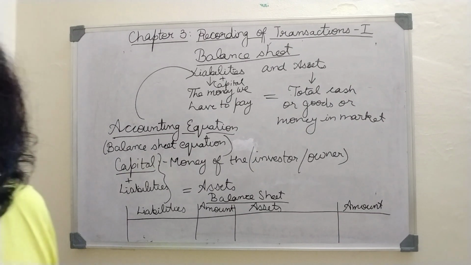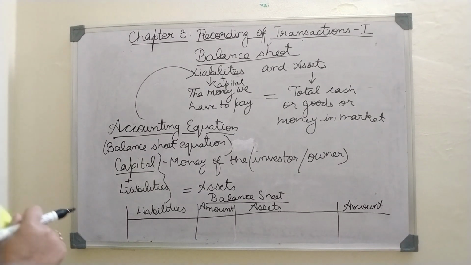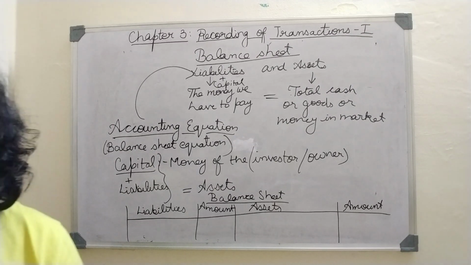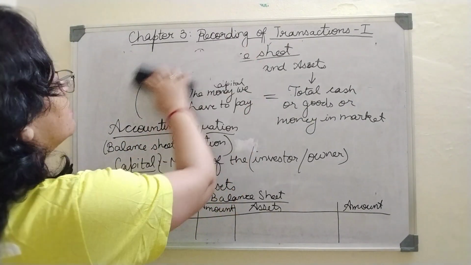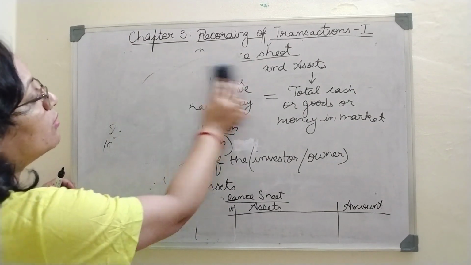Okay. So now what they are taking into consideration is that a business is started with the whole and sole purpose of earning profit. Obviously every businessman works with the same motive. So let us see how in example 1 we are going to calculate and understand how the amount has come.